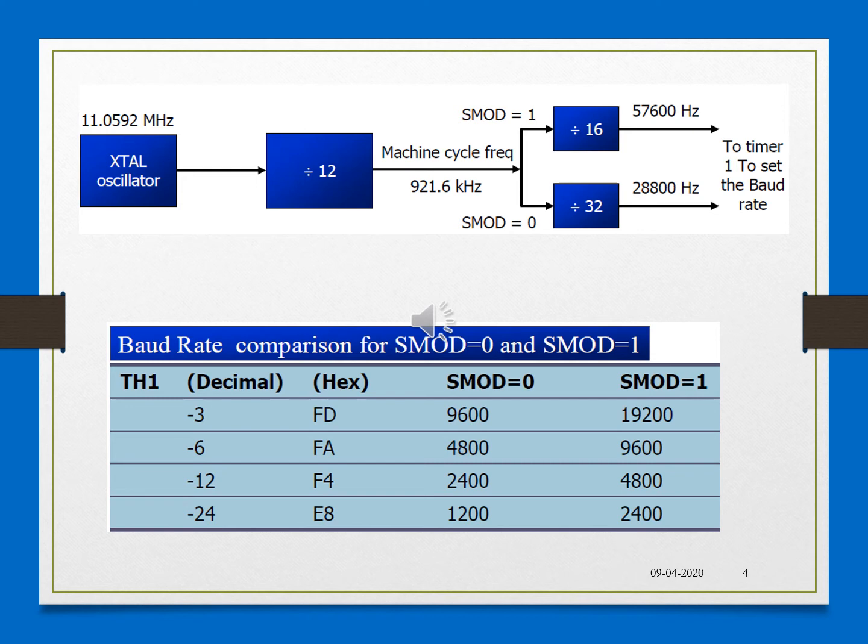The hexadecimal values will remain the same, but the baud rate will be double when the SMOD bit is 1. So when you load FD into TH1 register of timer 1, and if SMOD is equal to 1, then automatically the baud rate will be 19,200.